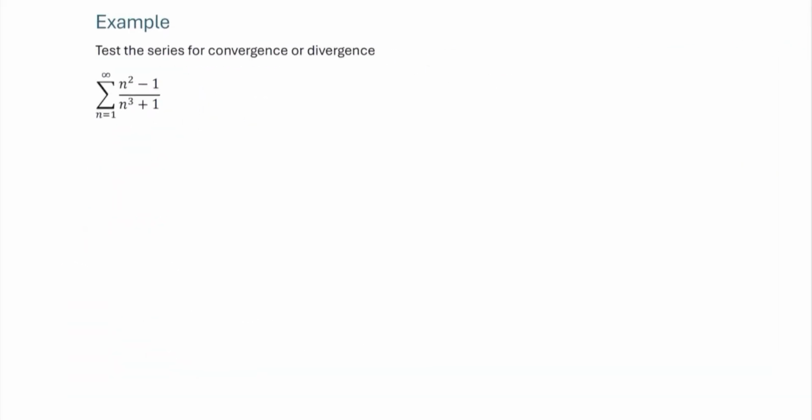In this example, we have the series of n squared minus 1 divided by n cubed plus 1. This isn't exactly a geometric or a p-series, but if you look closely, it's close to a p-series. Look at the dominating part of the numerator and denominator. We have n squared over n cubed.